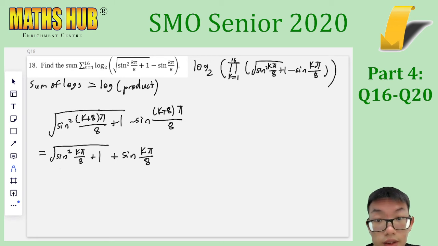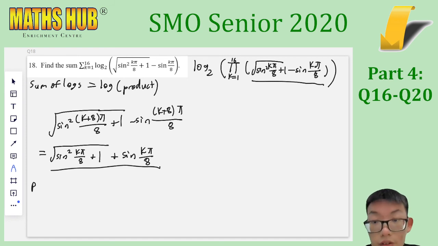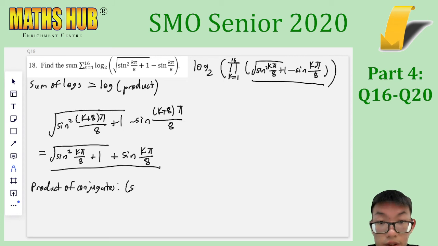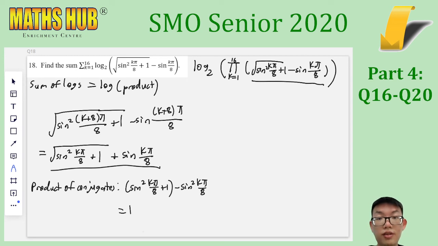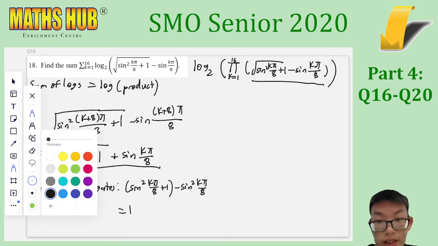Now this is the conjugate of this, and the product of those conjugates is just going to be sine squared k pi over 8 plus 1 minus sine squared k pi over 8, which is equal to 1. So that means that what we have done is to find a pairing that would give us products just equal to 1.